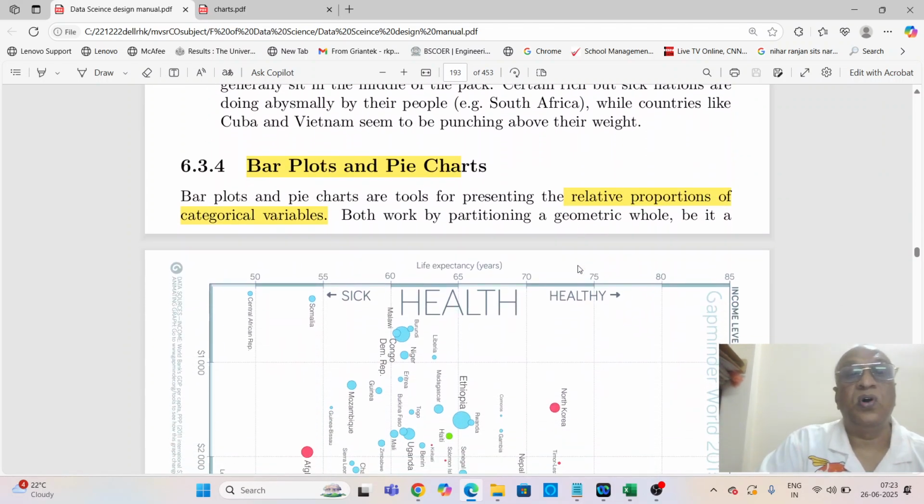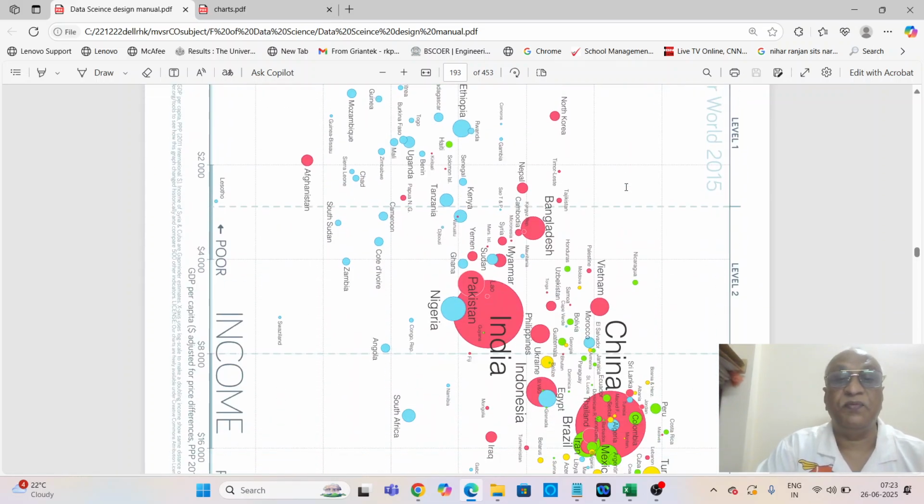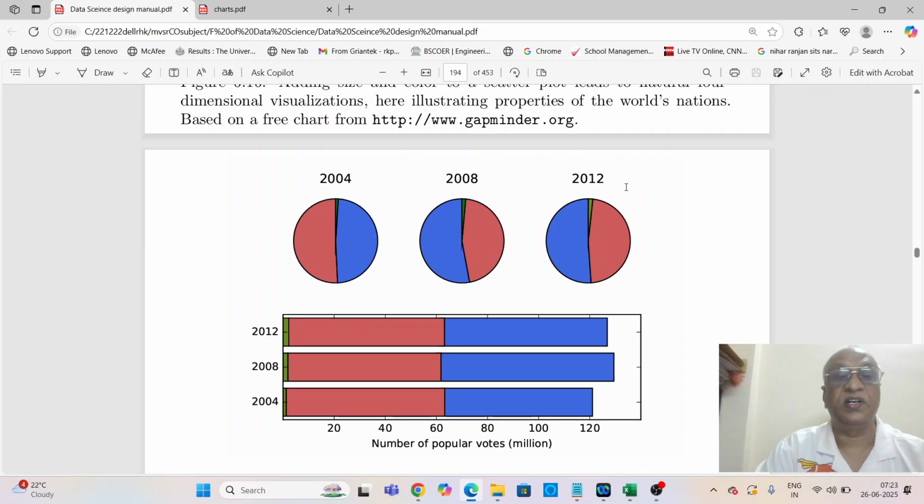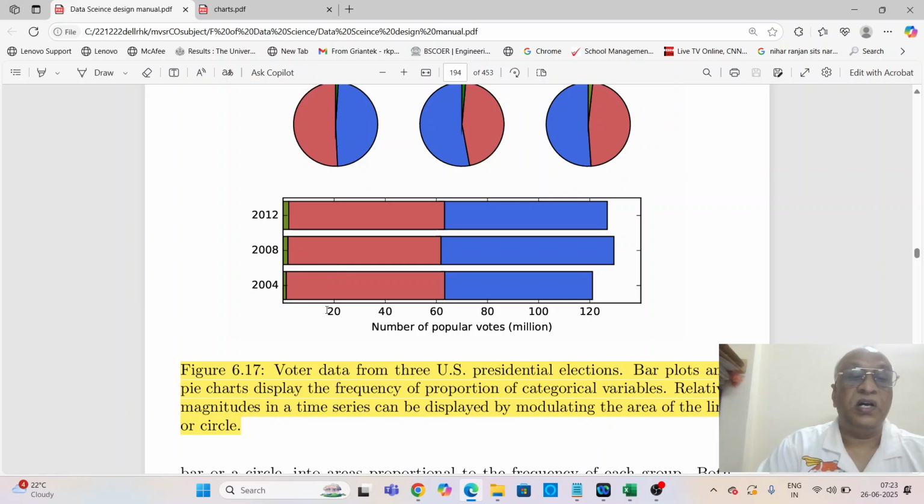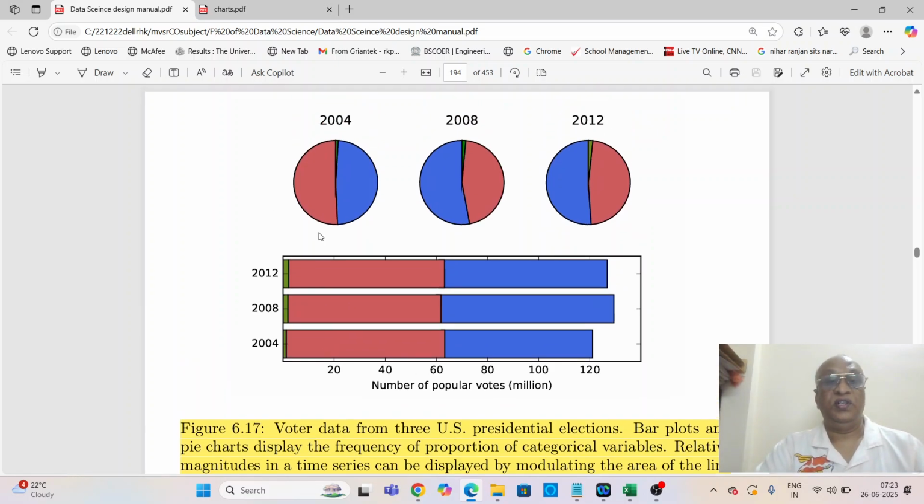Now we have bar plots and pie charts. What do they indicate? They indicate the relative proportion of categorical variables. For example, these are our pie charts and these are our bar charts. These pie charts indicate US presidential election results 2004, 2008, 2012, and it is showing clearly who is the winner.